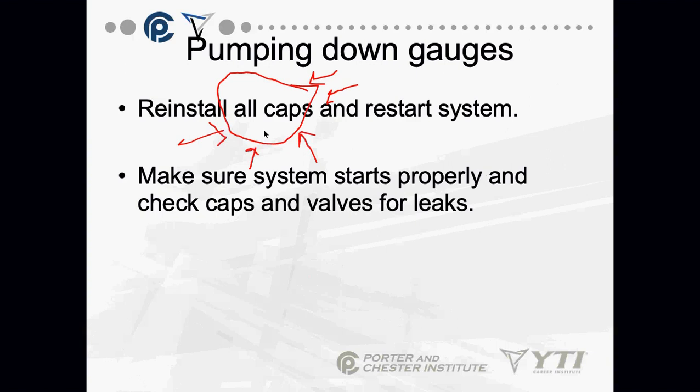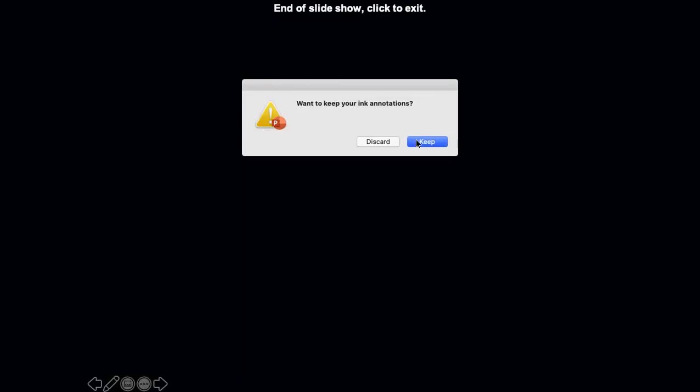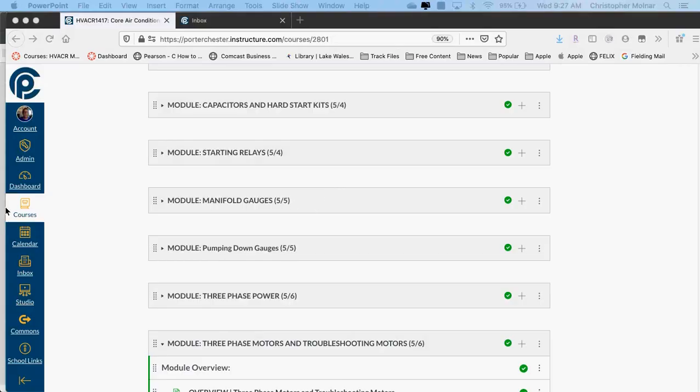So you have all of those contaminants that can get into that system. That's why we have to put caps on these systems. Okay, that's pumping down gauges. Again, guys, that is something that is going to have to be demonstrated a little bit in the shop. I don't expect you to memorize that information, but I did just want to cover it a little bit.